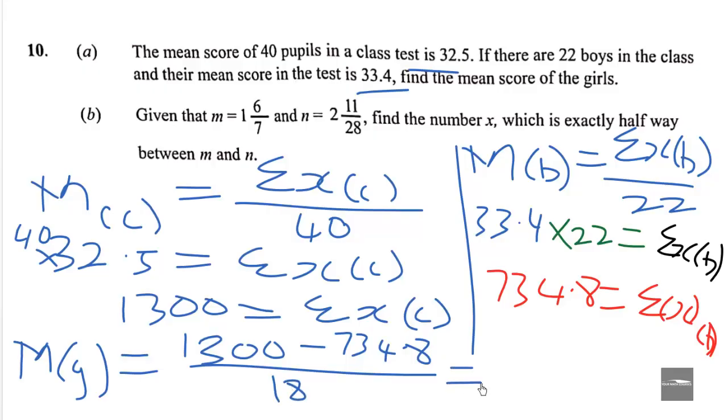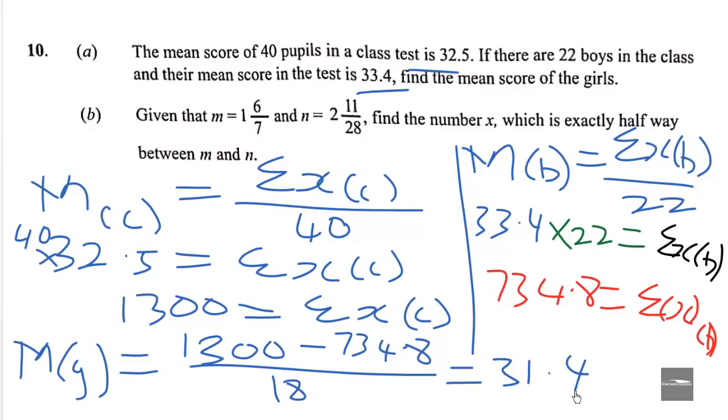And that will give us 31.4. So the mean score of the girls is actually 31.4.